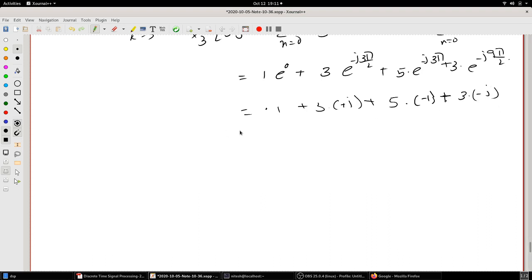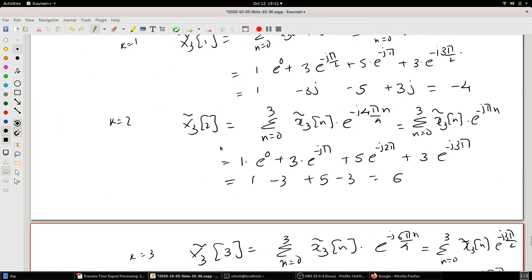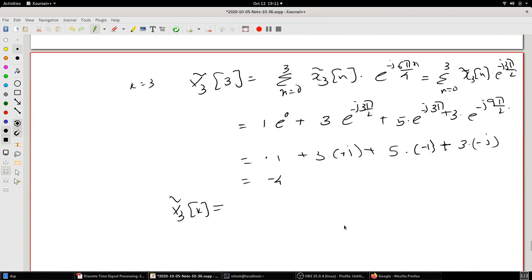Okay, so what you have here is minus 4 again. Okay, so what you get here is x3 tilde of k is equal to 12 minus 4, 6 minus 4, 12 minus 4, 6 minus 4. Okay, this is what you get.